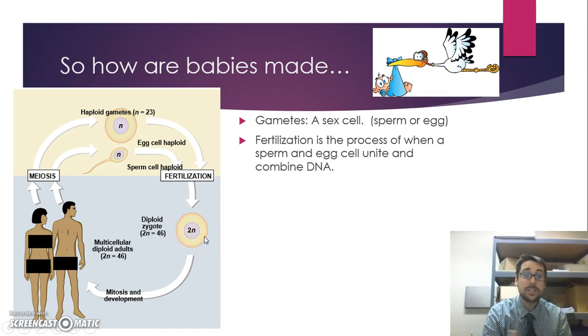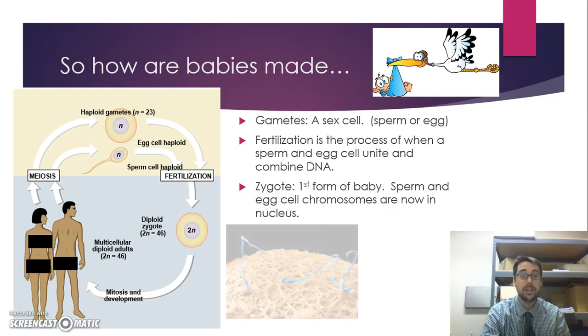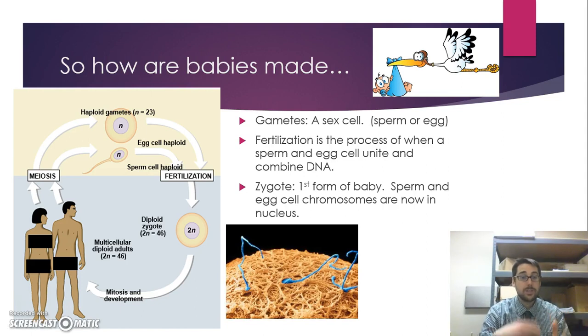And so this is fertilization, the whole process of when they're just uniting and making a nucleus. And then we start to make our zygote, which is the first part, okay? So you guys were all once little baby zygotes. And that's where we have the sperm and egg cells and the chromosomes in the nucleus. And we're starting to divide. We get a bunch of new cells through mitosis, and we'll eventually get into this whole differentiation in just a minute.